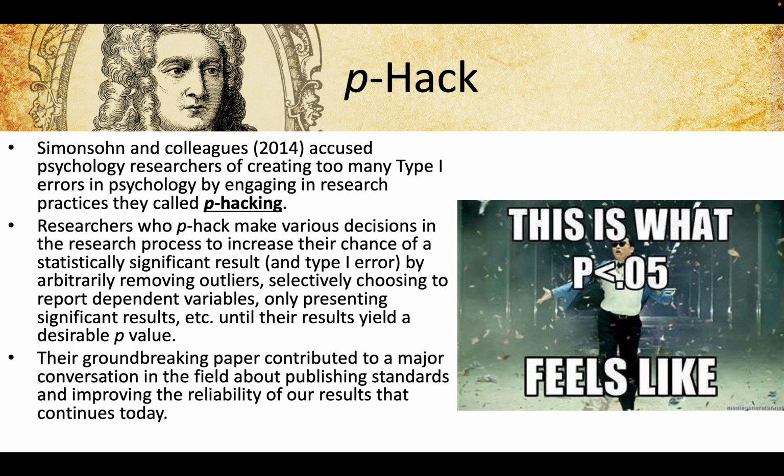They do this by arbitrarily removing outliers, selectively choosing which dependent variables to report, only presenting significant results, etc., until their results yield a desirable p-value. Their groundbreaking paper contributed to a major conversation in the field about publishing standards and improving the reliability of our results that continues today.